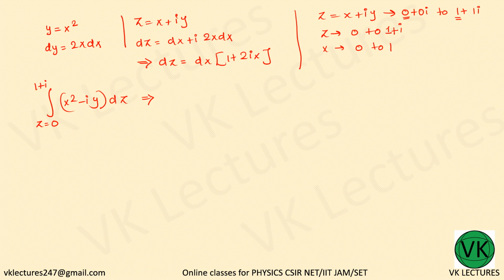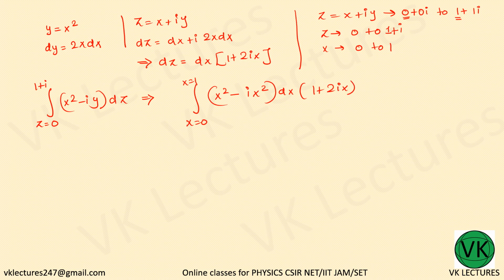So this integral can be changed into x equal to 0 to x equal to 1, (x square minus i y) with y equal to x square, into dz. What is dz? That is dx into (1 plus 2ix).